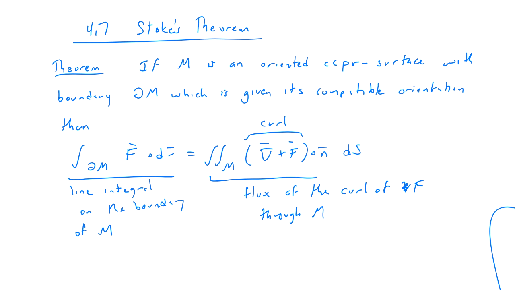So in some ways, this is the base one, but the one that we usually use is actually a lemma to this. This says if we have the curl on a two-dimensional surface, it's equal to the line integral on its boundary. But that implies that if two surfaces have the same boundary, then they're going to be equal, because they're both equal to the flow, the line integral on the boundary.